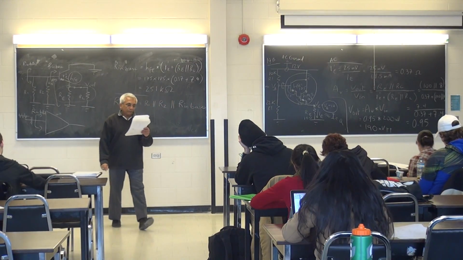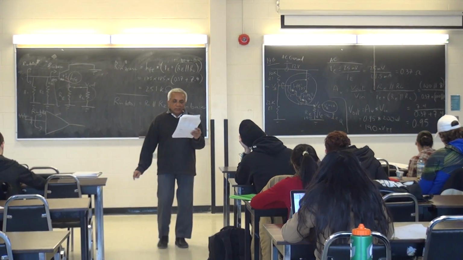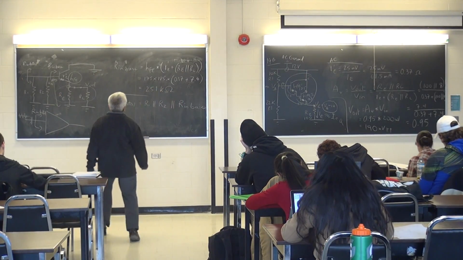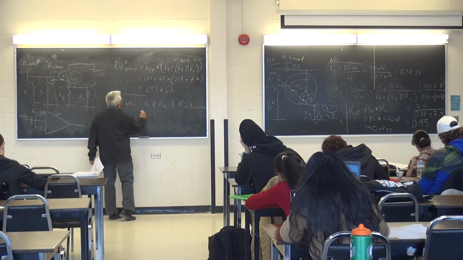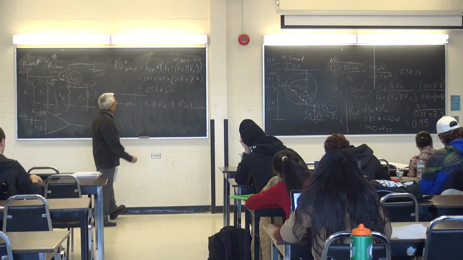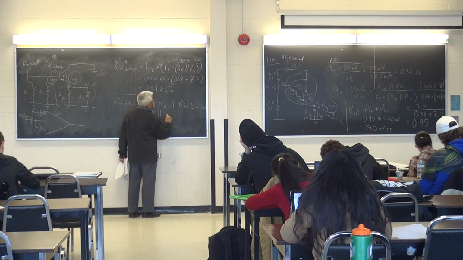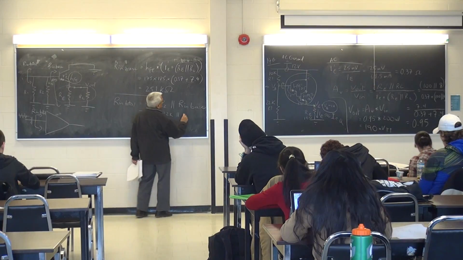That's shown also on page 2 of notes 14. So let's do this calculation. R1 is how much? 10K. R2 is how much? 22K. R in base is how much? 251K.